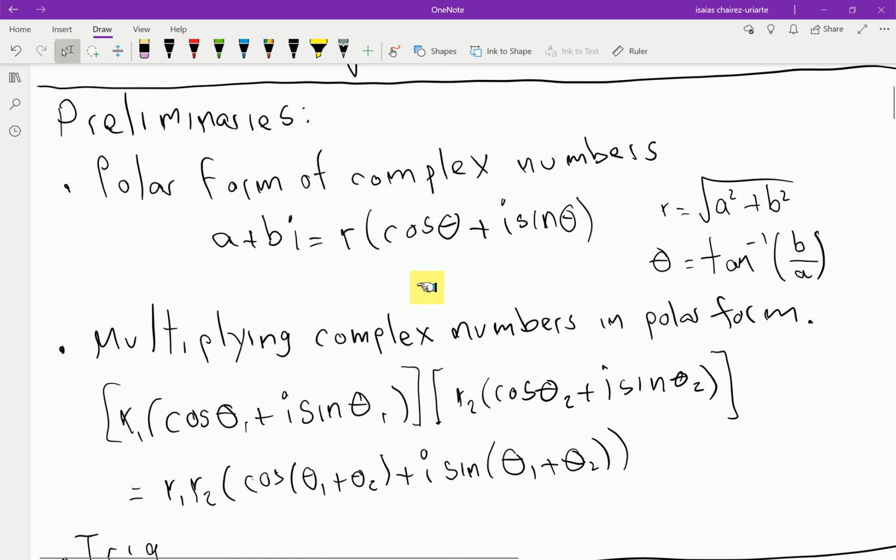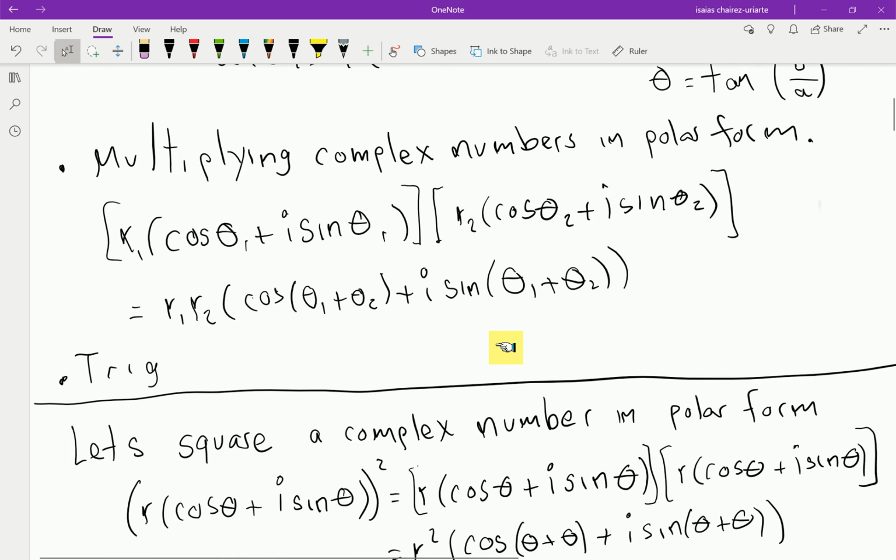Another thing you're going to want to be able to do is multiply complex numbers in polar form. We covered this in the previous video. How do you multiply two complex numbers in polar form? Here I have the little rule.